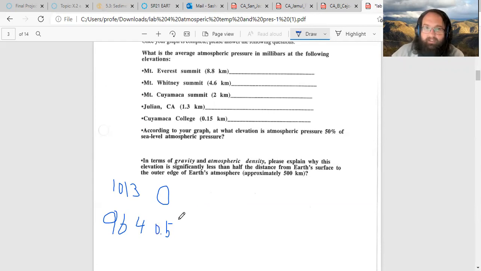So what we're going to do here is first take the difference between these, so 1013 minus 964.